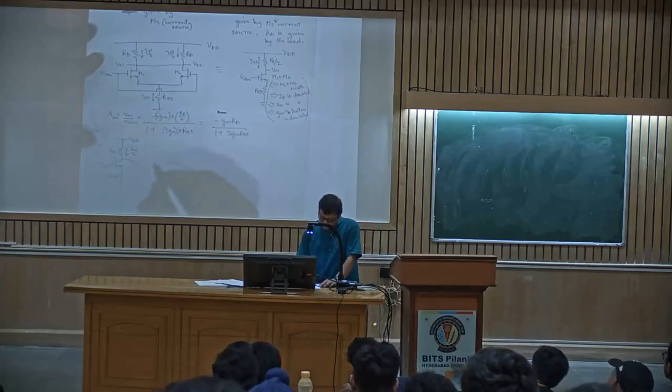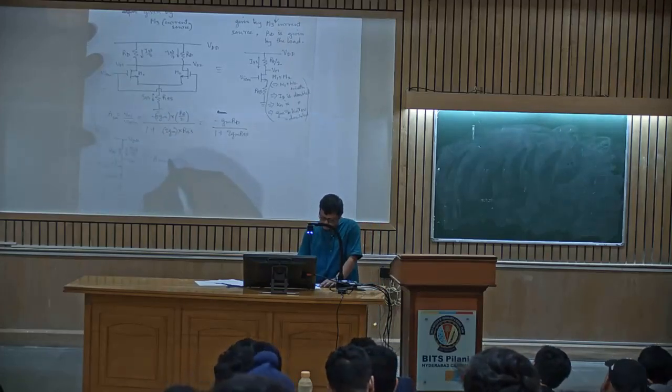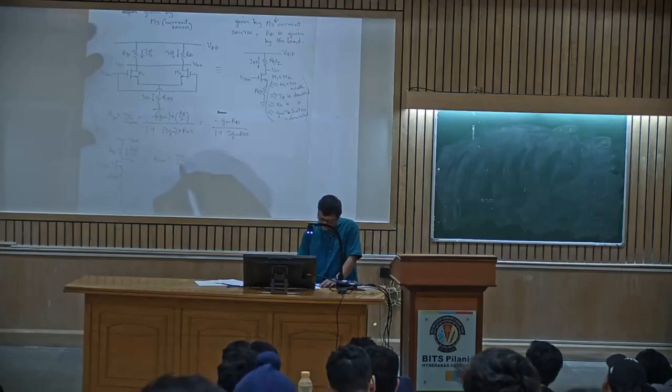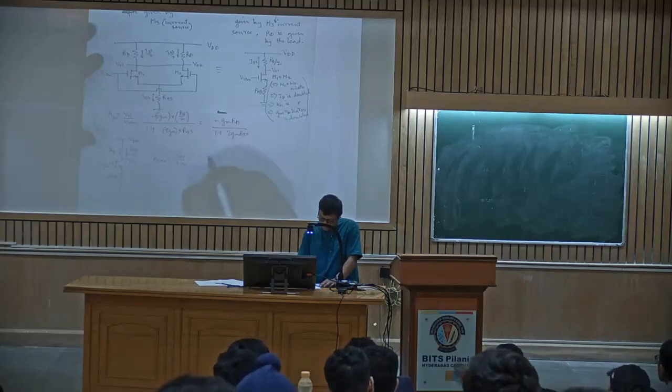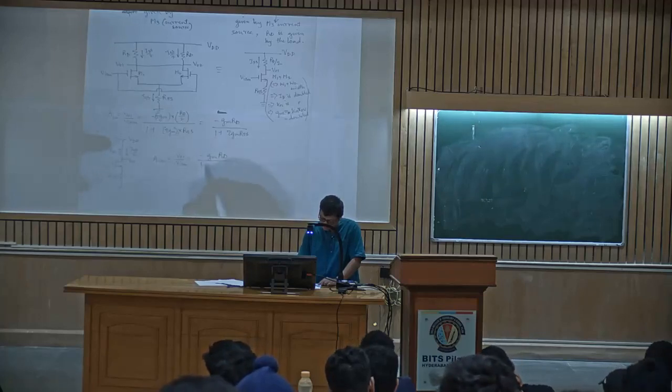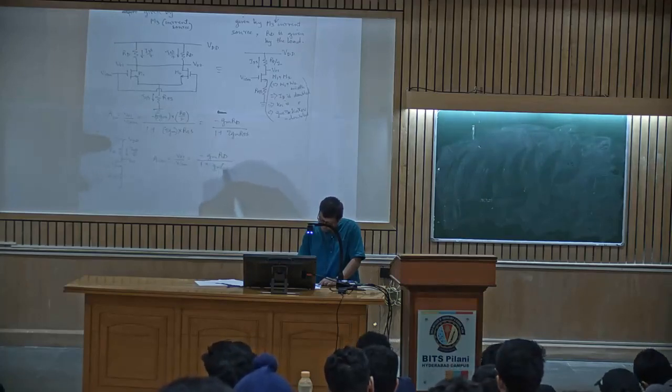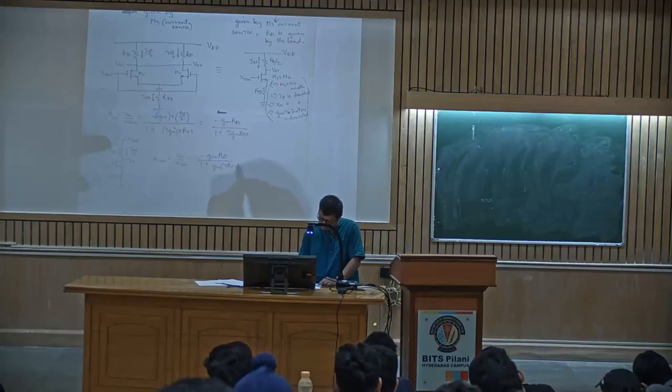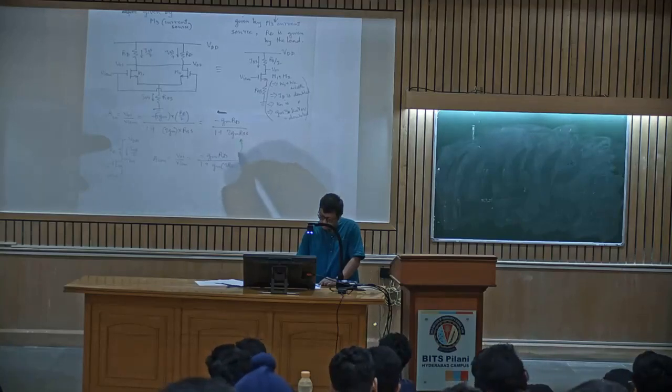In this case again, ACM is equal to VO1 by VICM is equal to minus GM into RD by 1 plus GM into twice RSS. They are exactly the same.